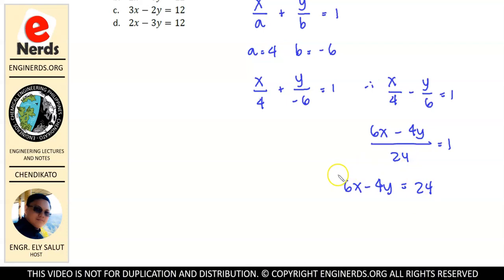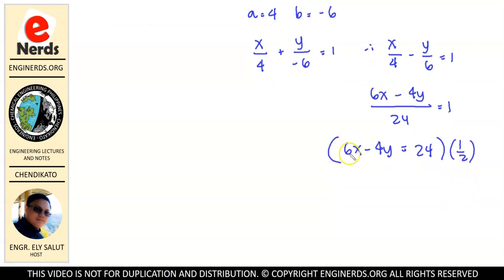But we can still simplify this by dividing it by 2, no? So if we divide this by 2, 6 divided by 2 will have 3x, minus 4 divided by 2 will be 2y, is equal to 24 divided by 2, which is 12.